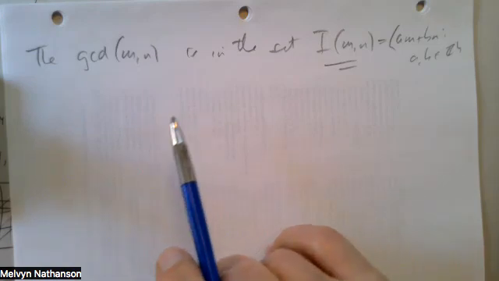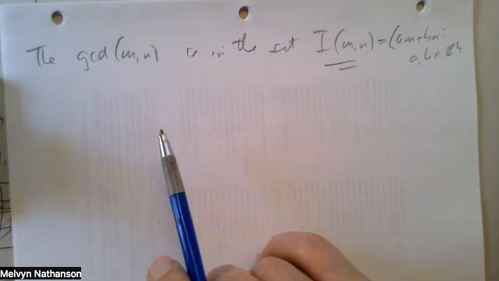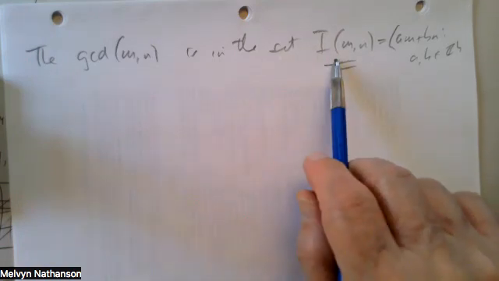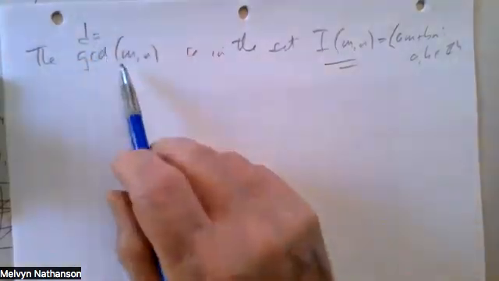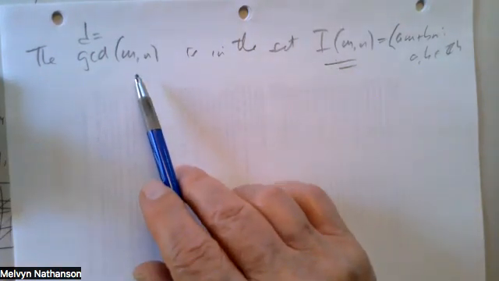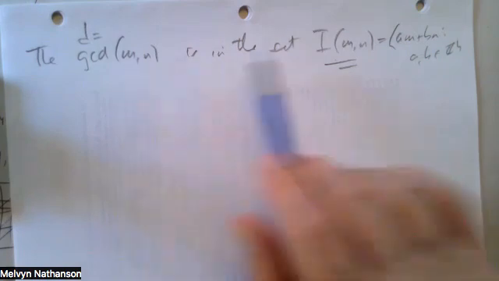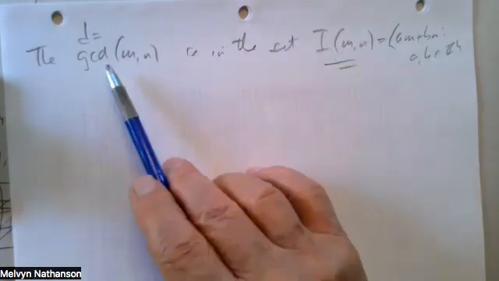Every element in the set is divisible by this number, let's call this D, the greatest common divisor of M and N. So every number in this set is divisible by D. And if you had a smaller element in the set and it were divisible by D, it would have to be 0. So this is, in fact, the smallest element in this set.